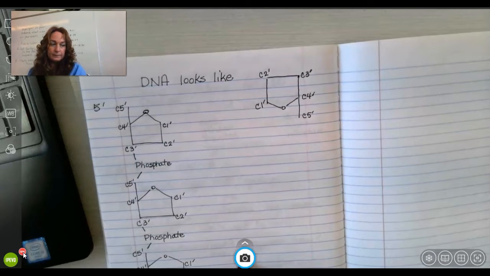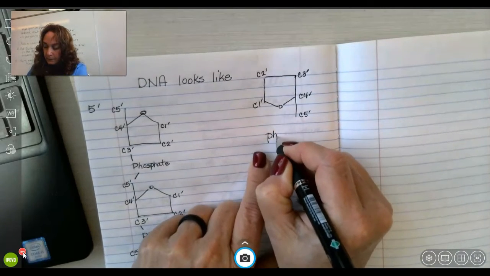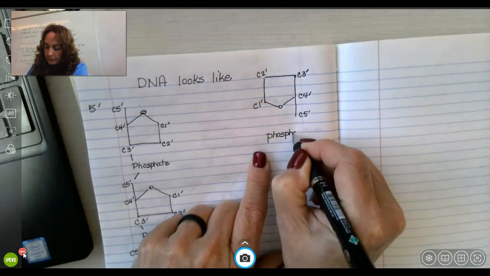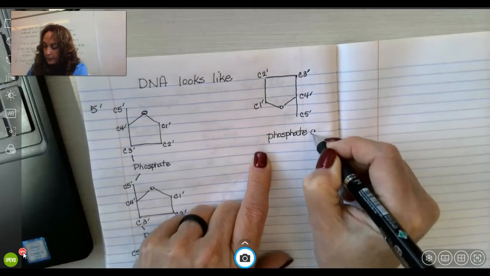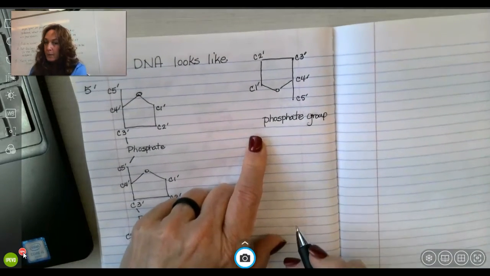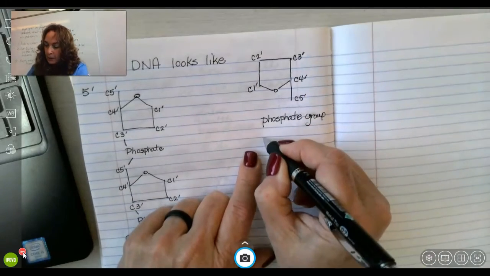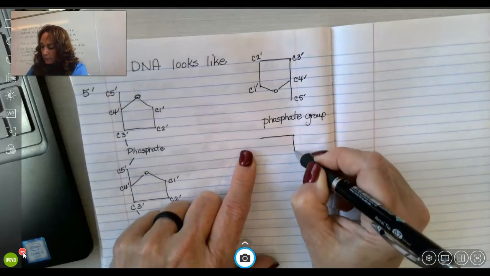And then I've got that. Make sense? So then I'm going to have a phosphate group. And I've got room, I'll just put group right here. And then I draw my next sugar oriented in the exact same way. So I'll do the same thing.